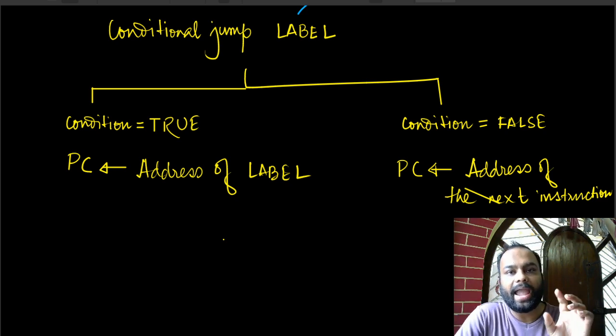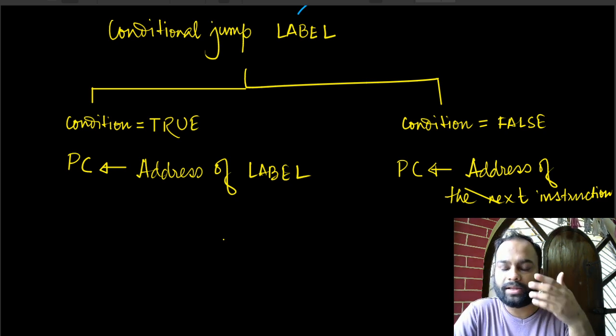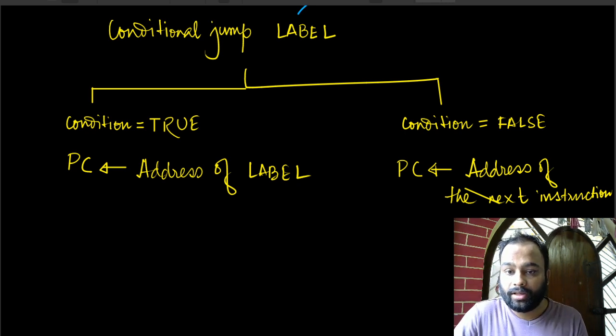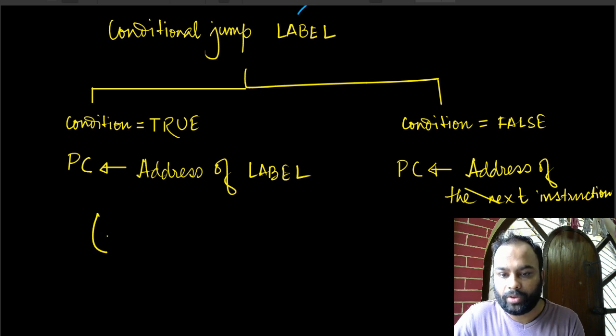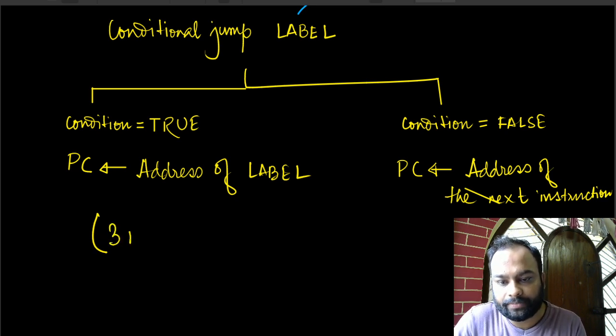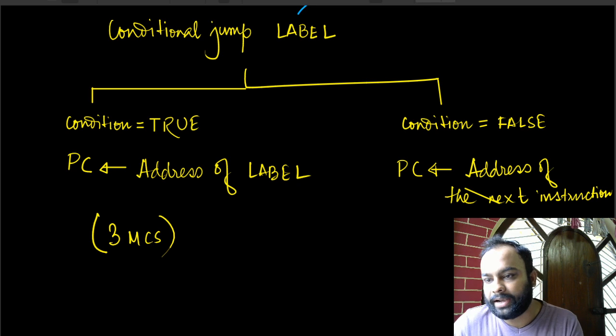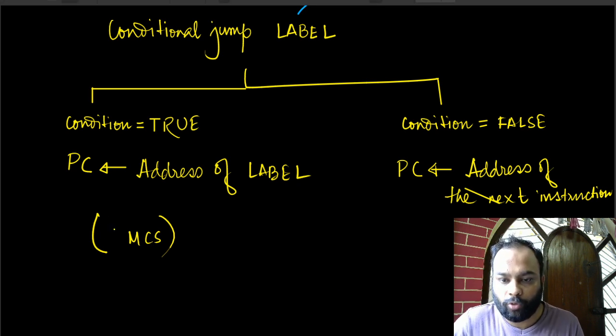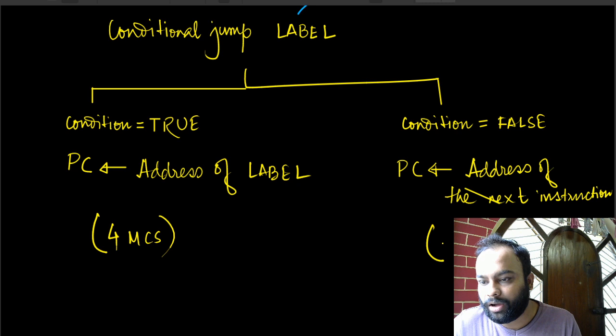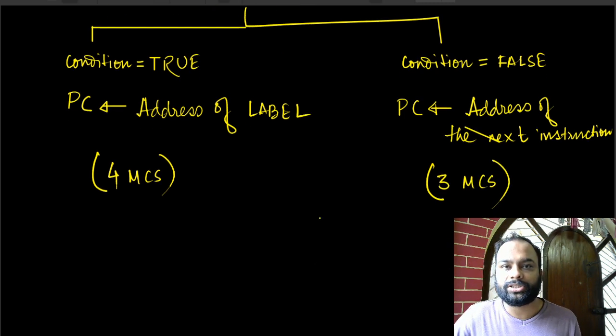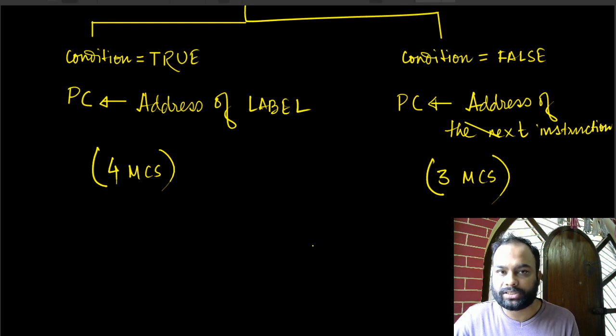And again, any conditional jump takes up 3 machine cycles if the condition is false, and 4 machine cycles if the condition is true. And there is a reason for that. Of course, the 3 machine cycles are always there, and 1 additional machine cycle if the condition is true.